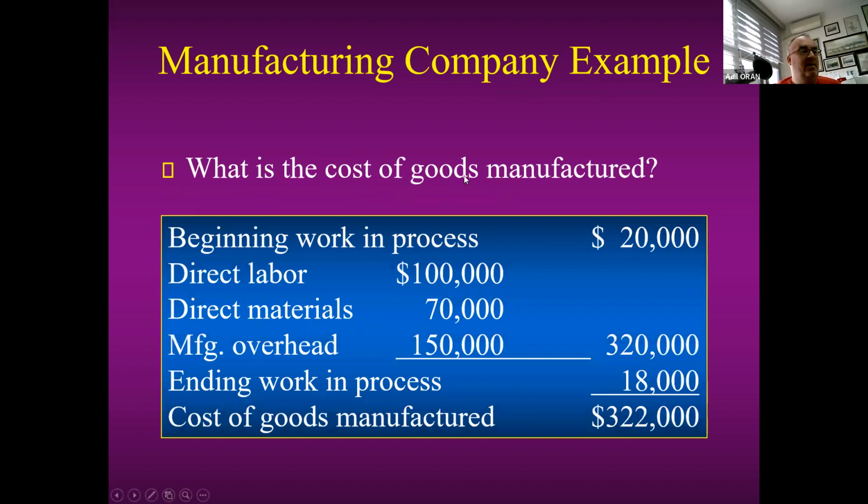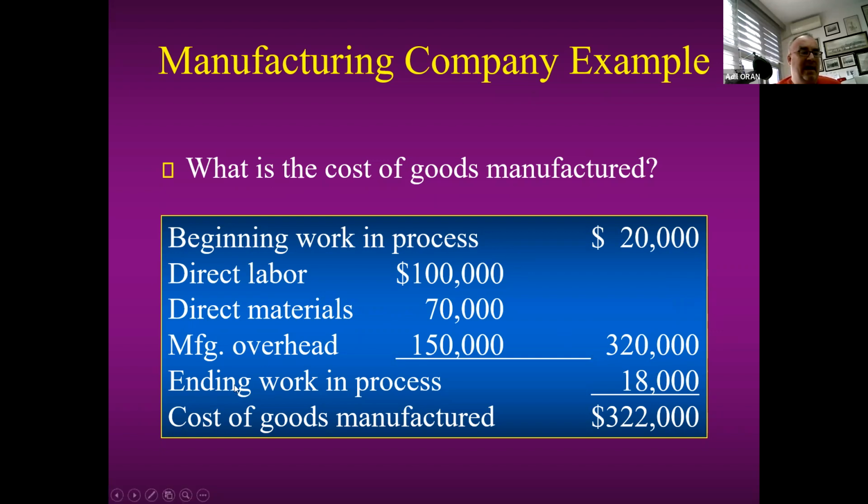So initially, we had $20,000 worth of inventory in work in process at the beginning of the period. We added direct labor, direct materials, and manufacturing overhead, numbers given before, so adding up to 320,000. If you add these together, 340,000, this is the maximum that could have been completing the work in process and could have been sent into finished goods.